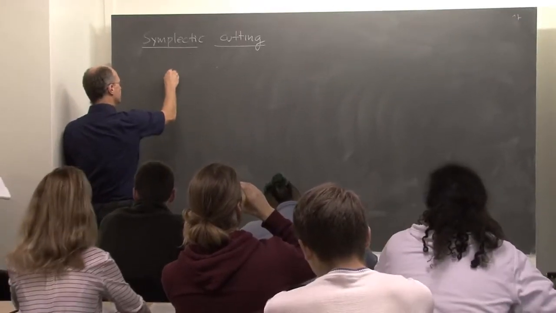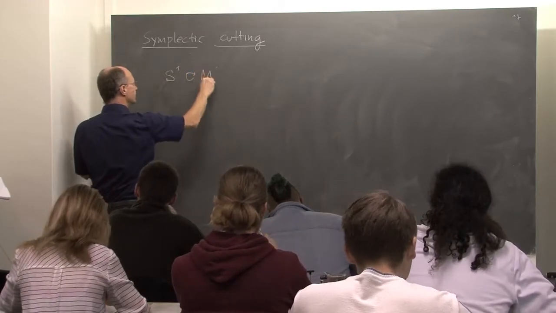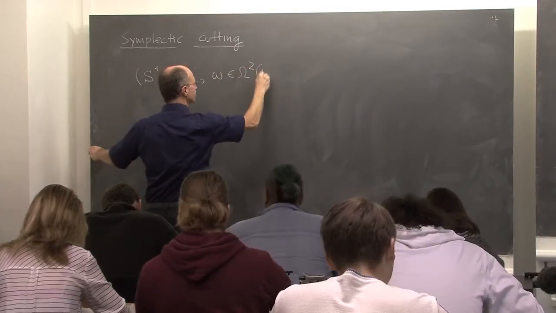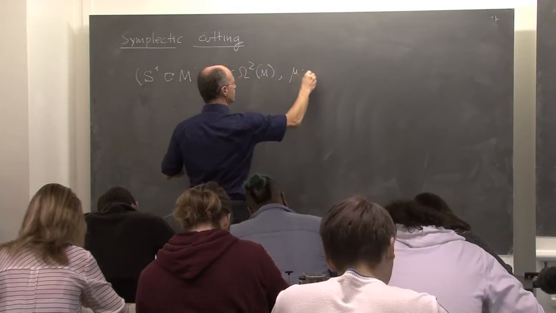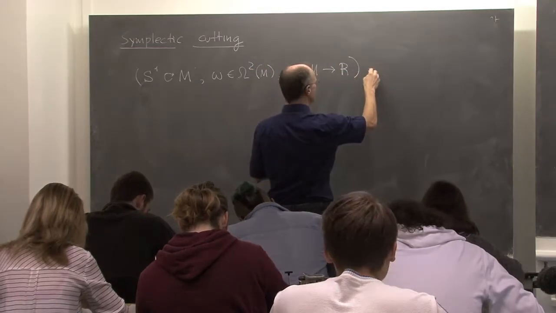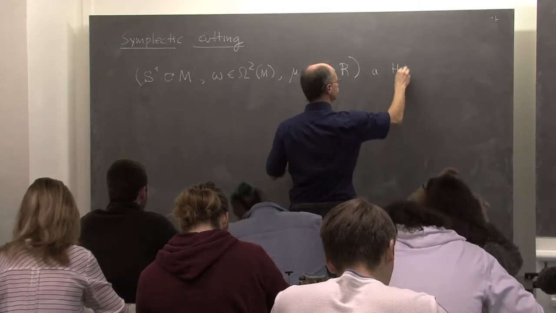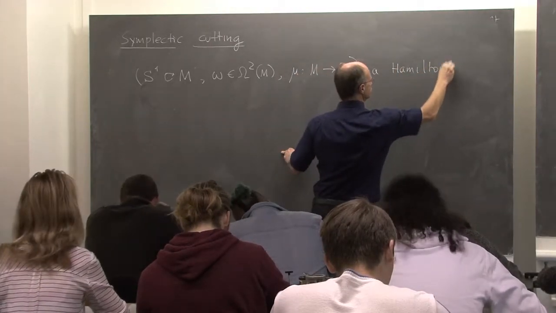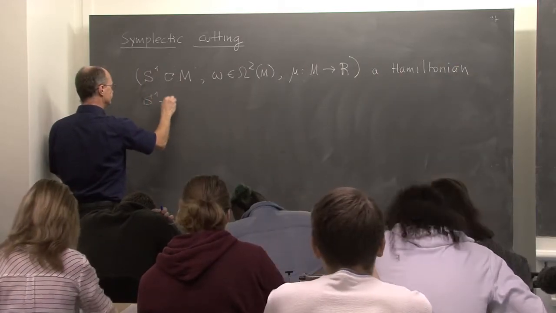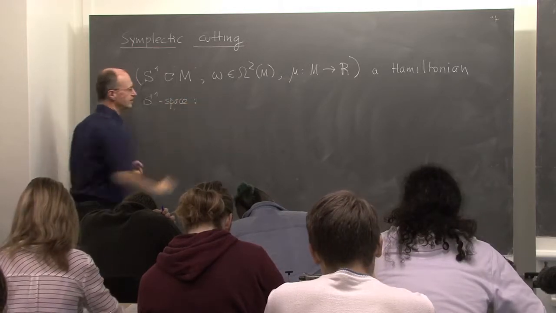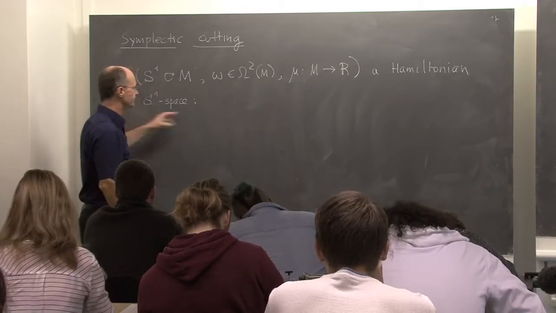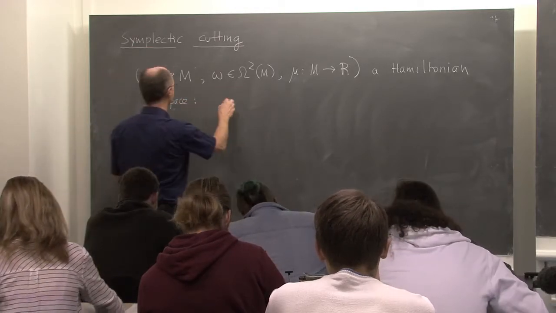So let's say, as usual, S1 acting on M, omega, the 2 form on M, and mu, a smooth function on M. The Hamiltonian S1 space. Let me perhaps just briefly, for the students who join us for this week, repeat the definition.